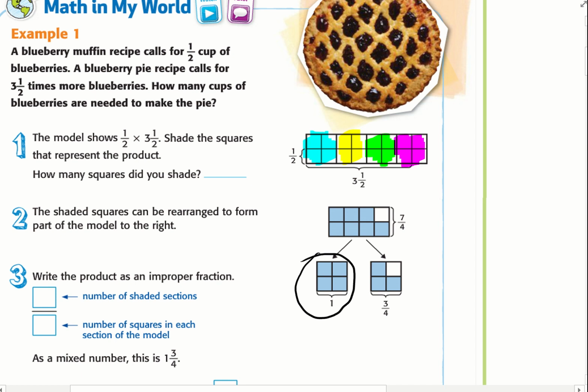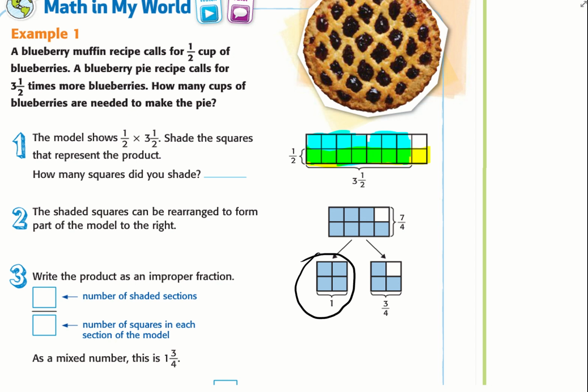So each square represents a quarter. So if we just need to highlight half of it, that's half here. If we really want to highlight 3.5 of it, that's going to be all of this.